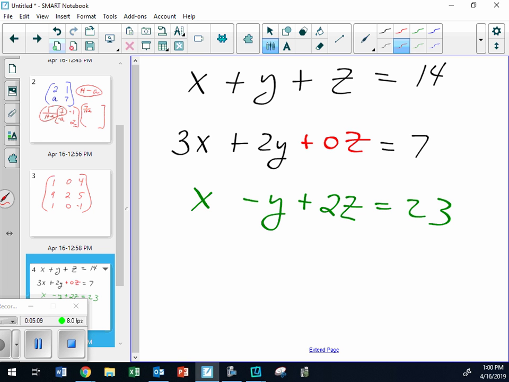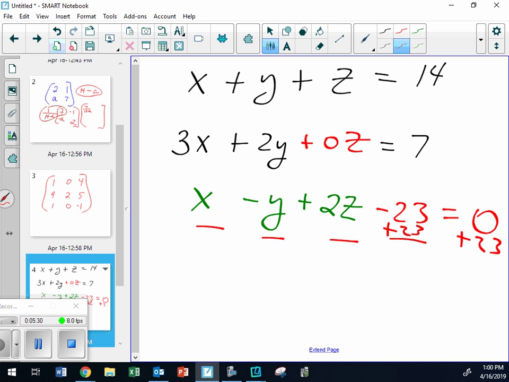What if this one said minus 23 equals 0? Would you have been smart enough to know, oh, I better move that 23 to the other side? Because there's x, y, z, and a number. That doesn't seem to fit. So you'd add 23 to both sides, and you'd have that equation that we wrote a second ago.